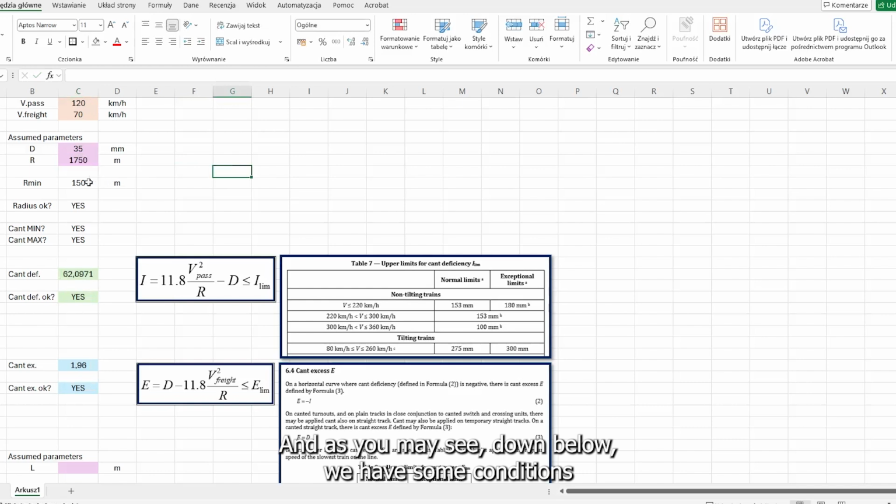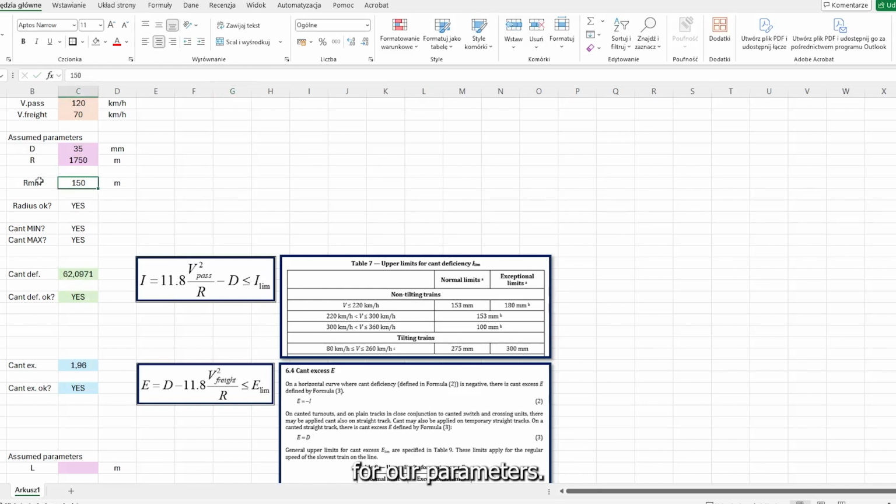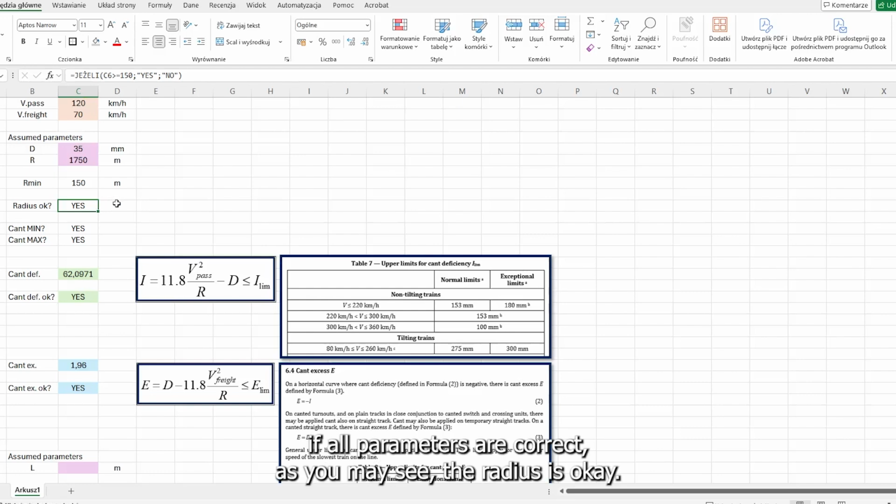Down below we have some conditions for our parameters, the minimum radius, which is about 150 meters. Here we have the condition in Excel which checks if all parameters are correct. As you may see, the radius is okay.